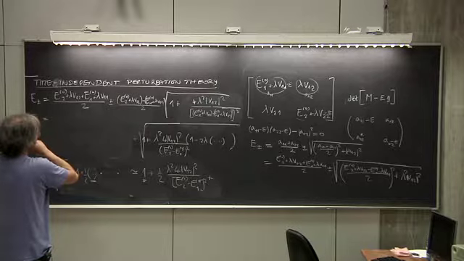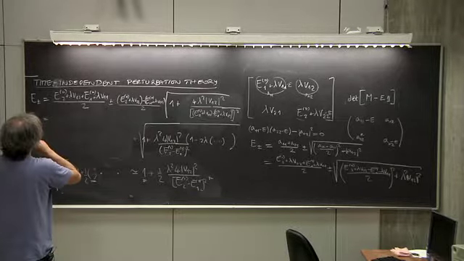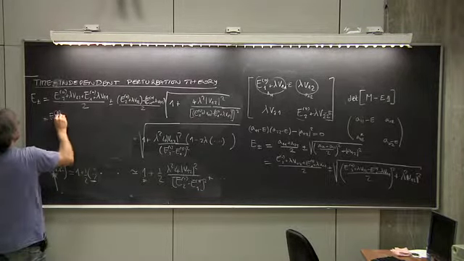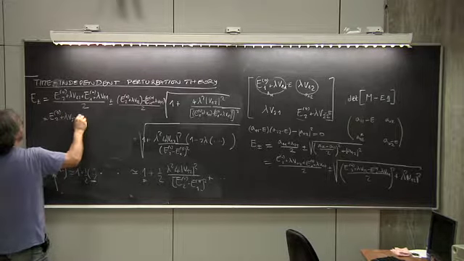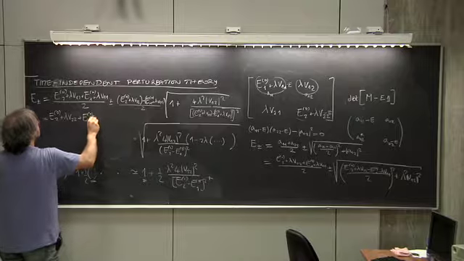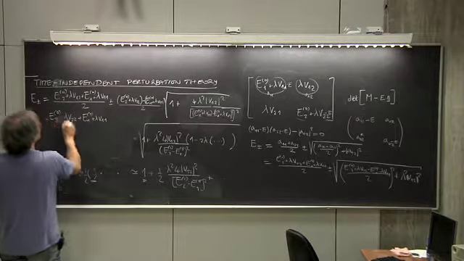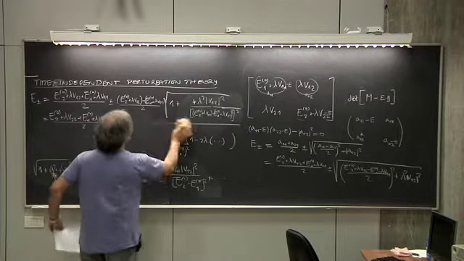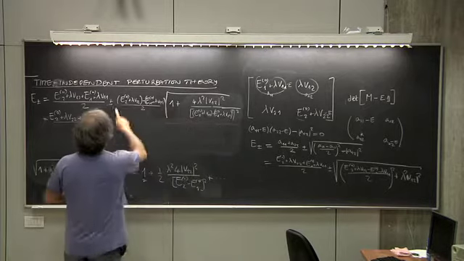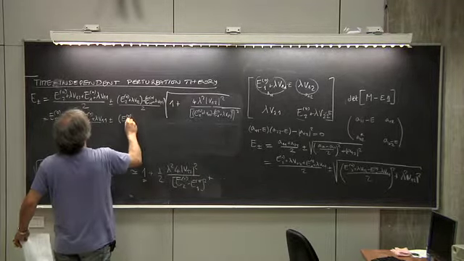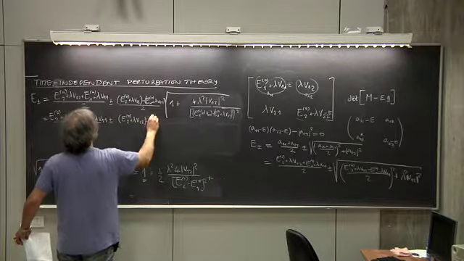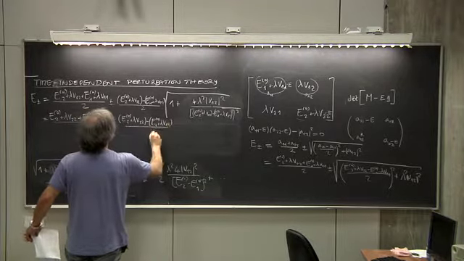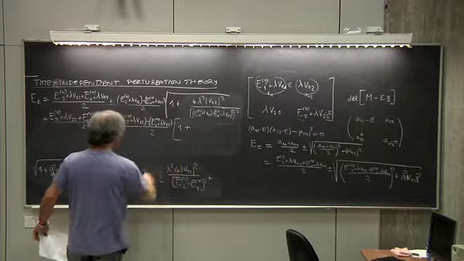Let us just write everything. So this is over 2 plus or minus the same thing here: E02 plus lambda V22 minus E01 plus lambda V11, divided by 2, which multiplies 1 plus this thing.